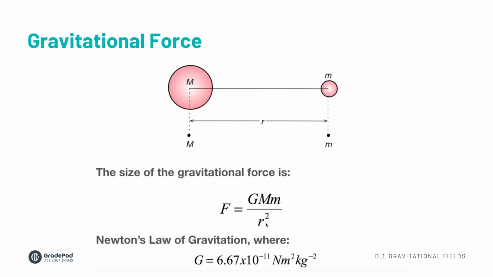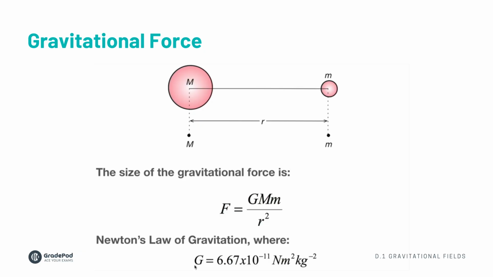This formula has built upon these two assumptions, and to make it into a reasonable relationship rather than a proportionality, we've introduced a constant of proportionality. Well, not us, Newton. Newton introduced the constant of proportionality, and his constant of proportionality is G, big G, not a small g, big G, which is 6.67 times 10 to the minus 11 newtons metre squared per kilogram squared.